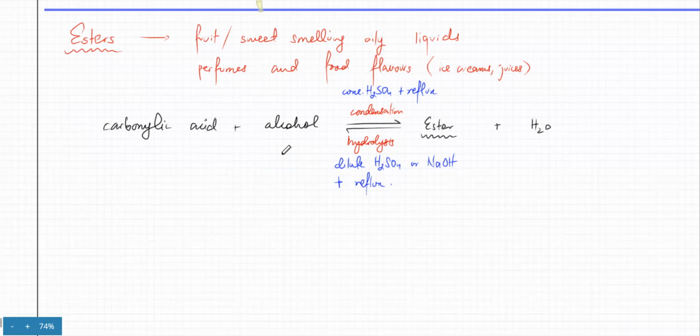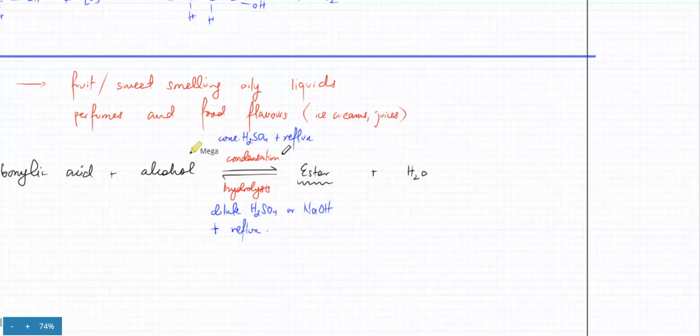अच्छा पहली चीज एस्टर है क्या. ठीक है, an ester is a molecule that has the following functional group: there's going to be a C double bond O and O. अच्छा, on this side there's going to be a carbon chain, and on that side there could be H or a carbon chain.